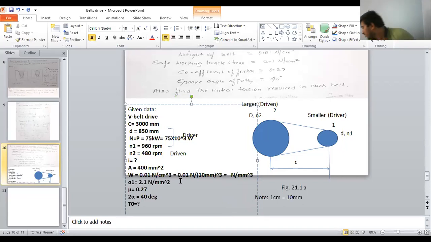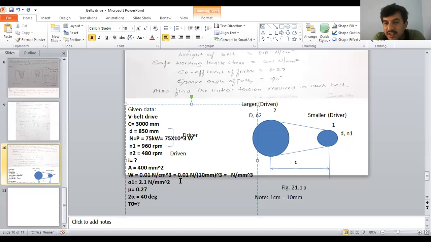Now tell me the value, how much you got? Yes, anybody got the answer? This unit conversion is right. Just give me the answer. 1 into 10 power minus 5.